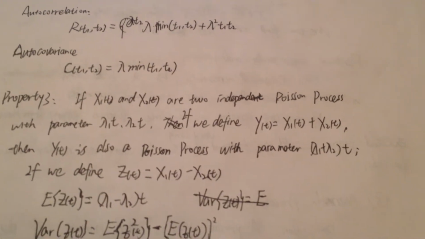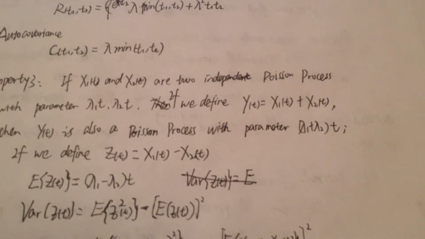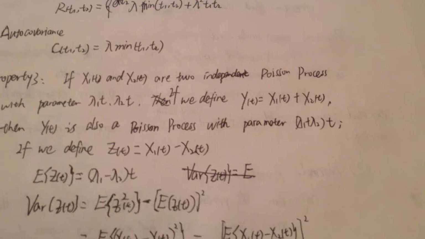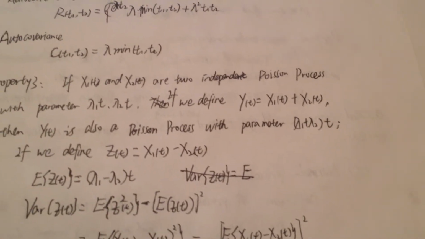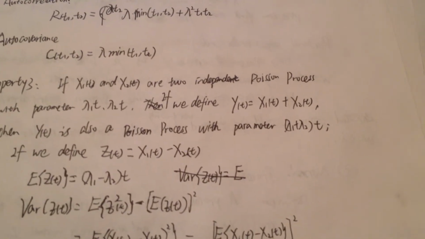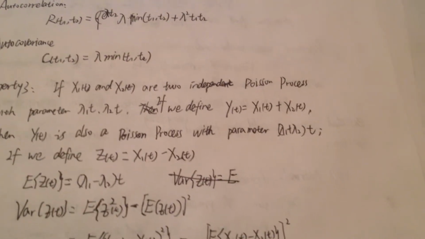Then we define Z(t) equals X1(t) minus X2(t). Then the expected value of Z(t) is lambda 1 t minus lambda 2 t, and according to the linearity of expected value, we can easily get the answer.